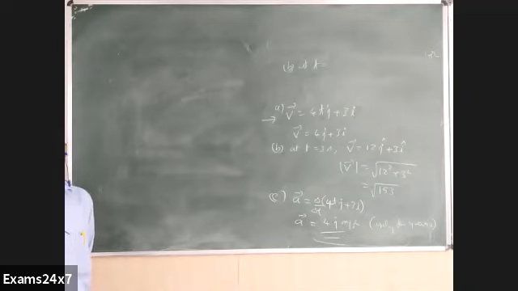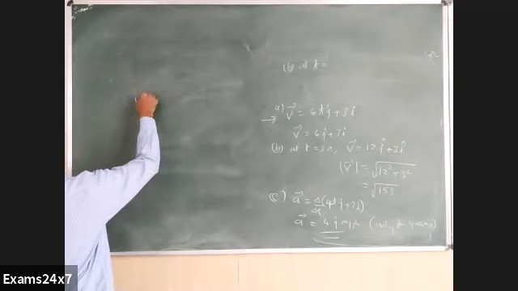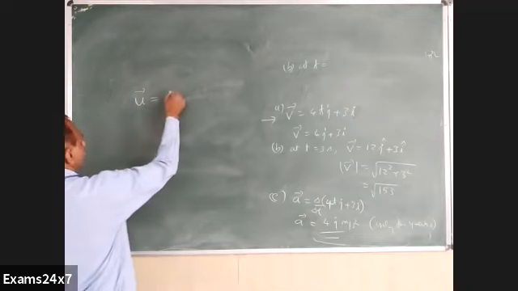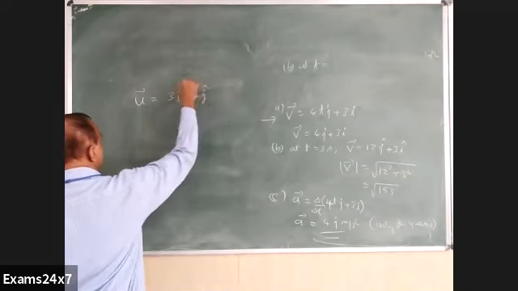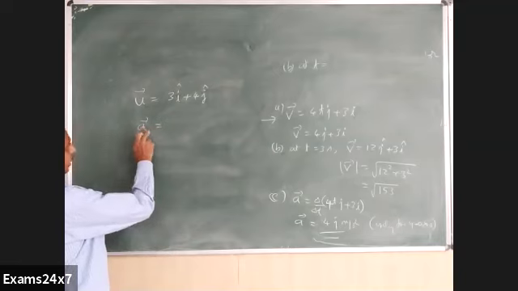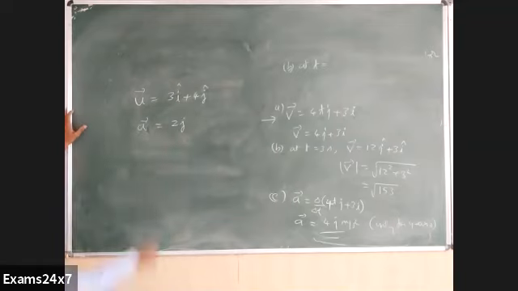The initial velocity of a particle is given as, we can call it u vector, 3i plus 4j, and acceleration is given as a vector equal to 2j meter per second square.